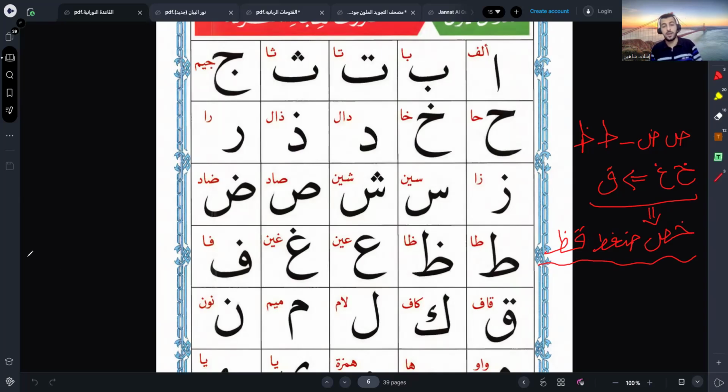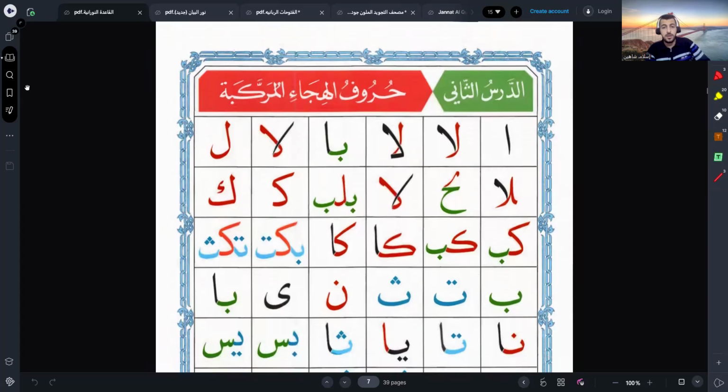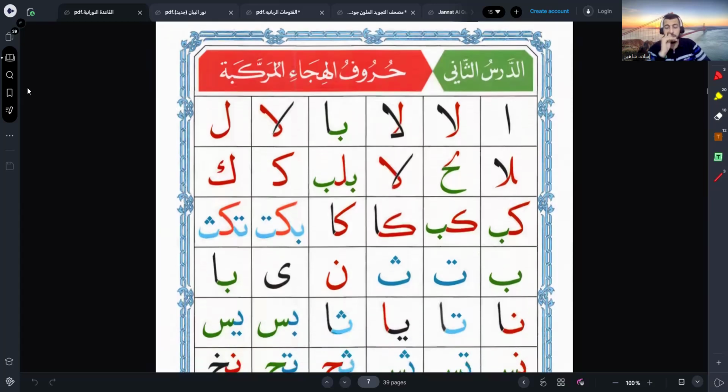We still have, inshallah, some other rules. We're going to mention them later because it's not the place for it. So next time we're going to focus on the compound letters. This means how we put two letters in Arabic together.